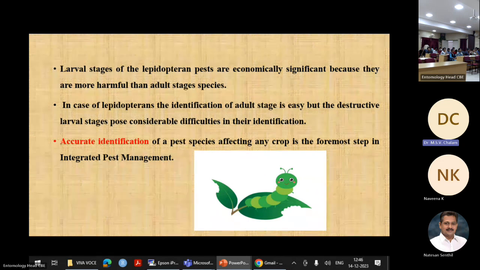But the main damage is caused by the immature stages, that is the larval stages, where identification poses considerable difficulty because the majority of the caterpillars may be similar, and may exist in various color morphs. Sometimes it is very difficult to identify the Lepidopteran caterpillars, especially those damaging the crops. Next, please.